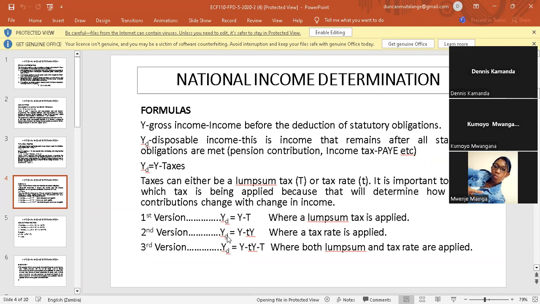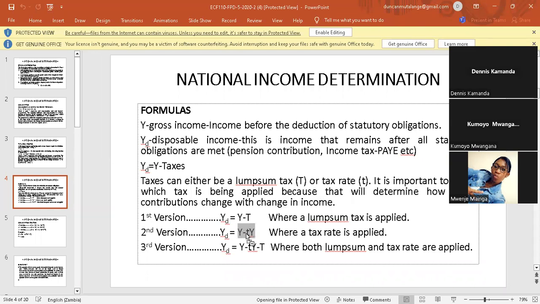So what we're going to have here is the second version. We're saying YD is equal to, you get the income Y, then you say minus the tax being collected, which is tY. This small t is representing what? The tax rate. Let's say, for example, it can be 20%, you just put 0.2 times Y, which is the income that the person is earning. All right. Hope that is okay.